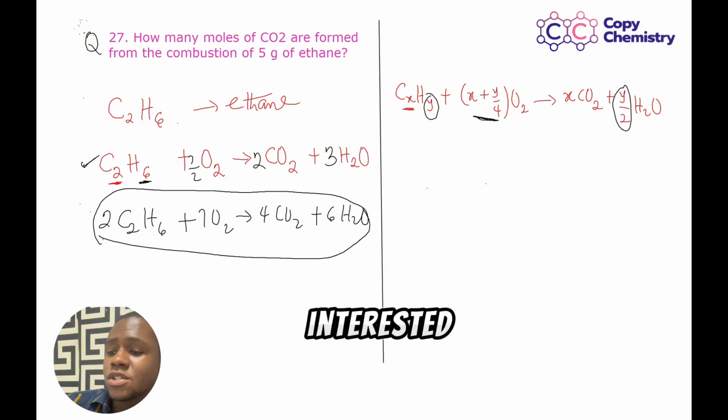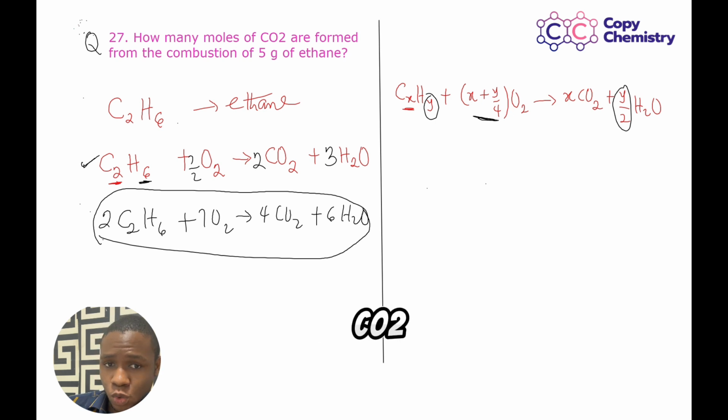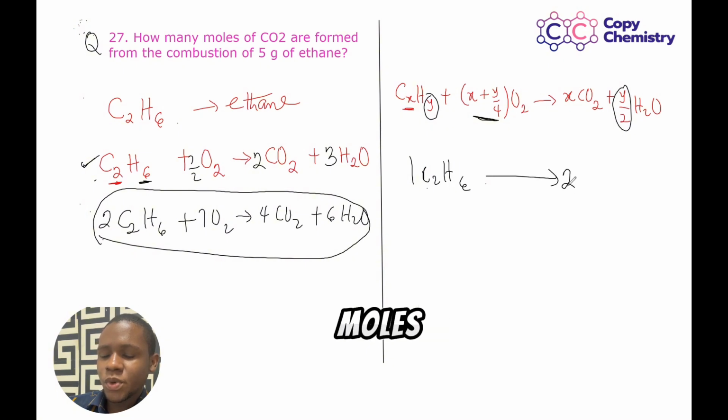Because I'm actually just interested in comparing CO2 and our ethane, which is C2H6. So if I'm comparing that, 1 mole of ethane, 1 mole of C2H6 produces 2 moles of CO2. That's what I can see from here. 1 mole, 2 moles.